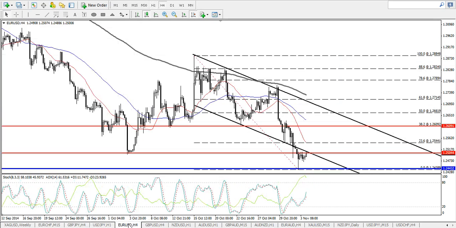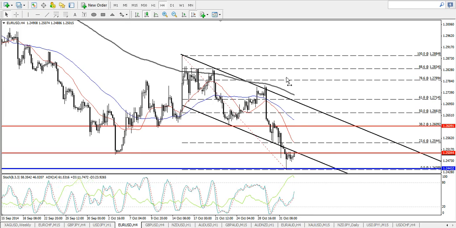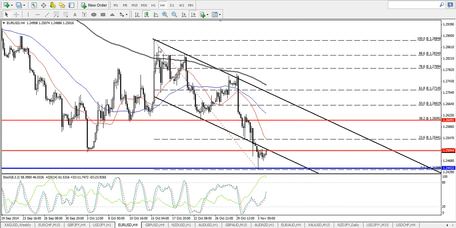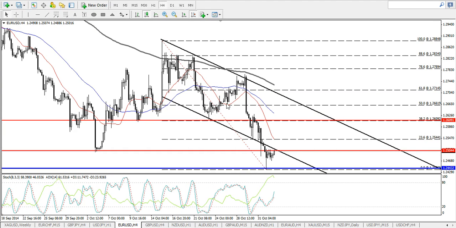Next we shall take a look at the euro against the US dollar. So a very quick recap is that there was a falling trend channel, as you can see, coming down to the bottom, came out again, got resisted at the top, and then it fell, broke below the falling trend channel and touched one of the final exhaustion levels at 1.2443, and then it rebounded back to the bottom of the previously broken falling trend channel.